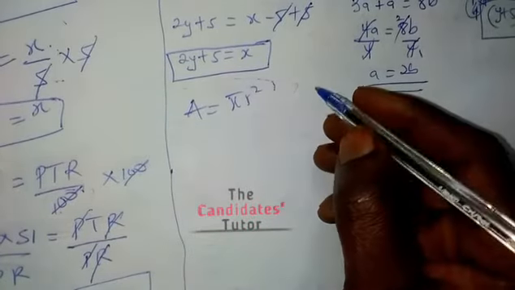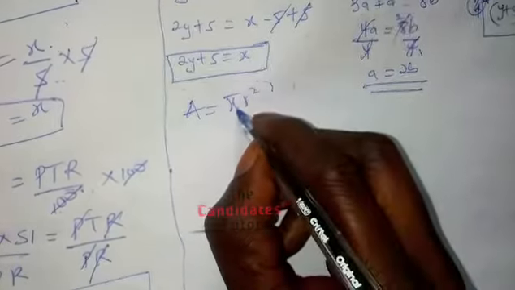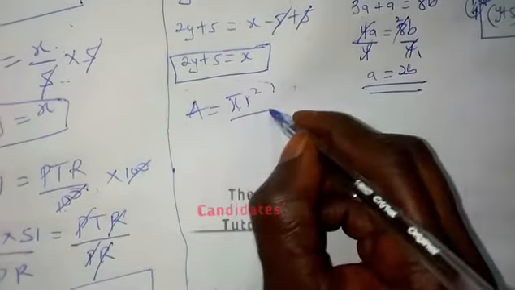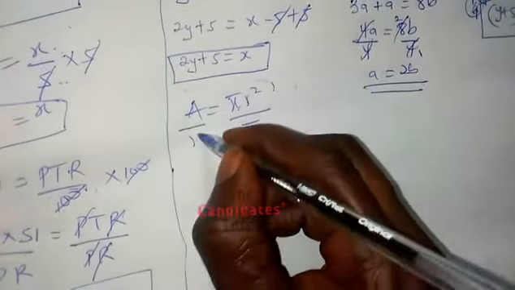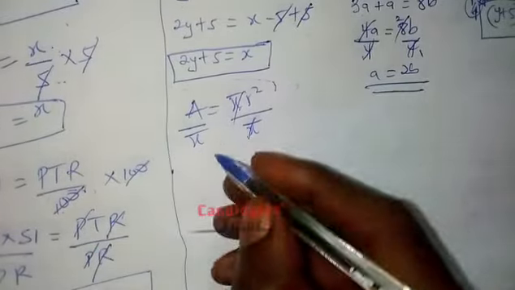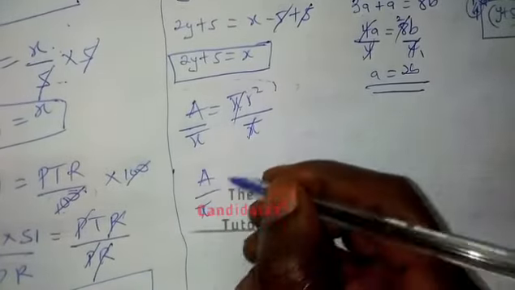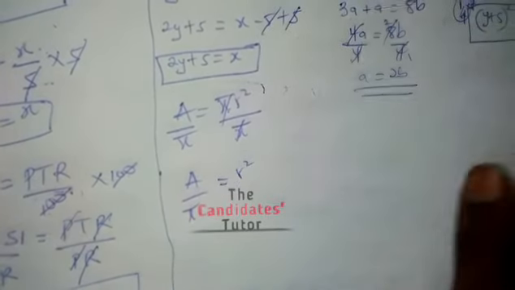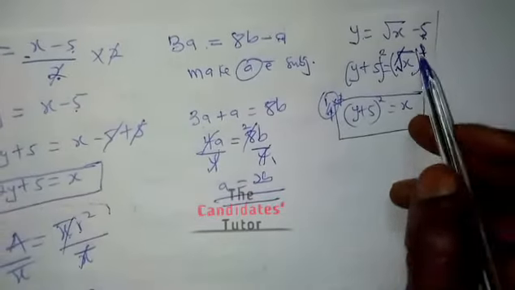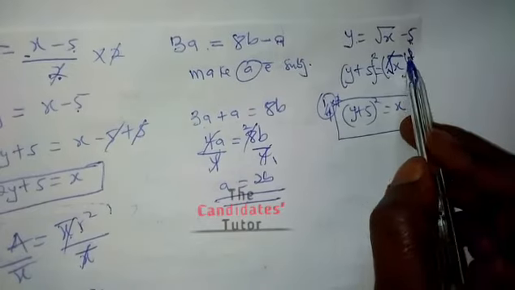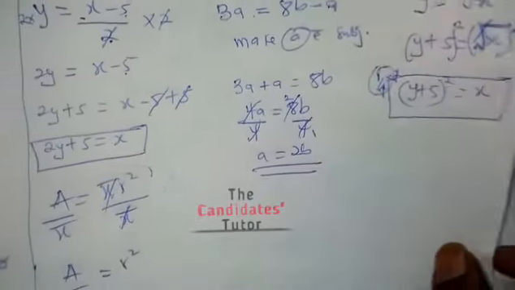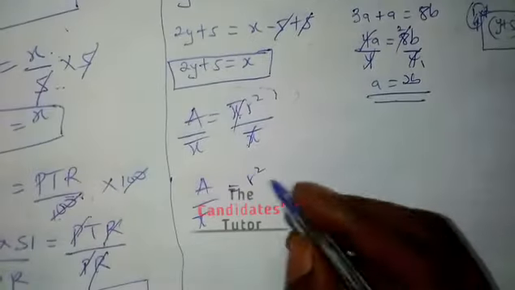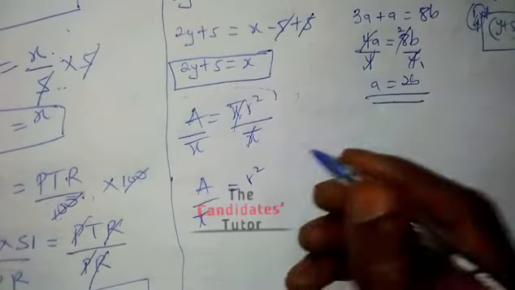What you're supposed to do is that you have to take care of this pi. This pi must leave first, so we divide both sides by pi, so that this pi goes away. We have A over pi to be equal to r squared. And just as we said here, square was able to take care of square root, it means that square root should also be able to take care of the square.